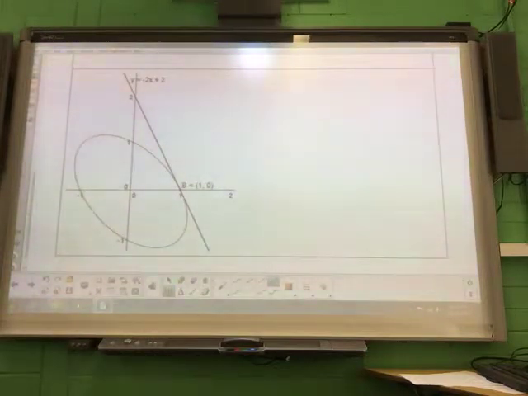Right, so there's the equation. There's a point. Right, and there's the gradient. So let's verify that using that point.